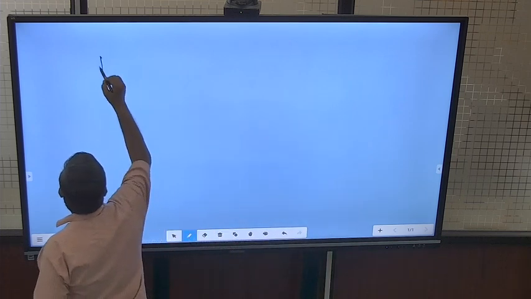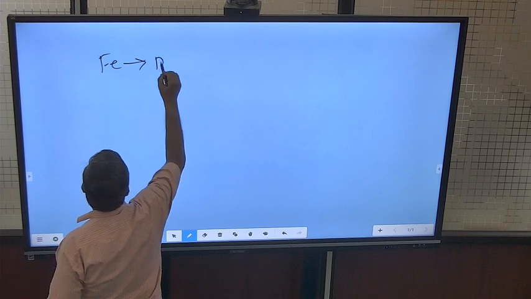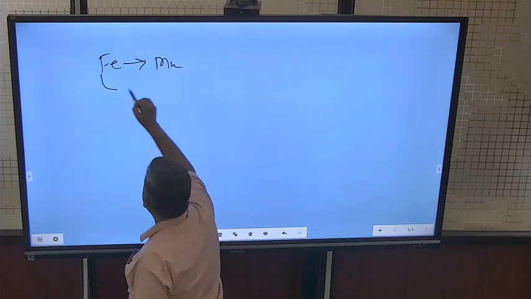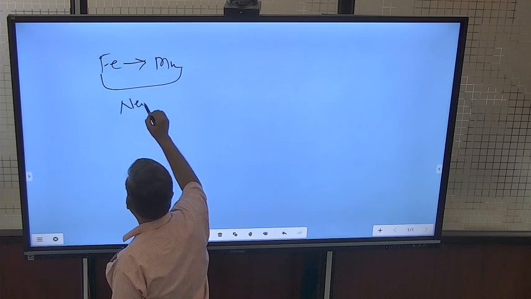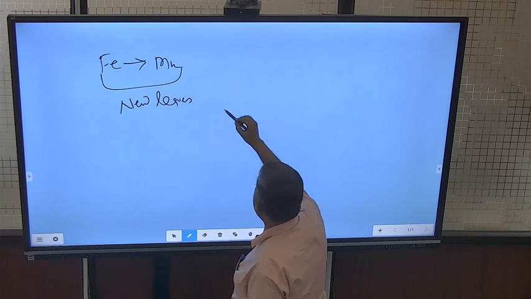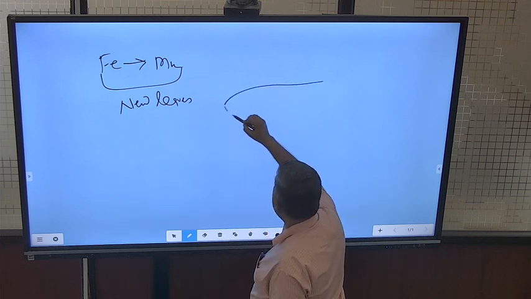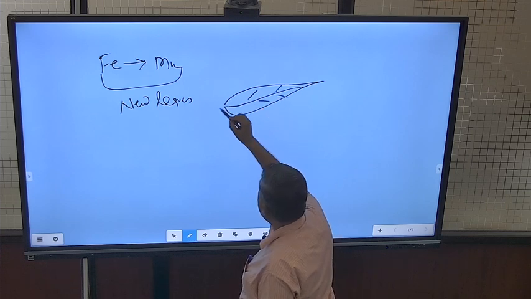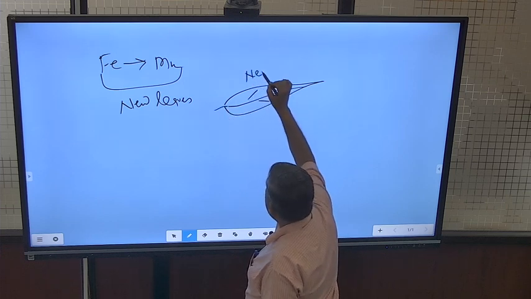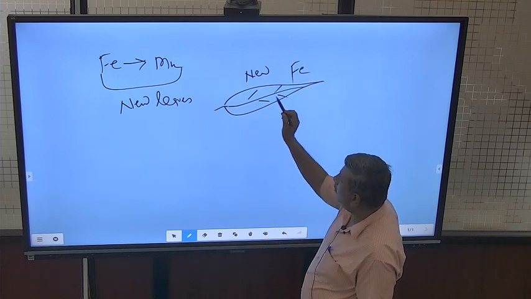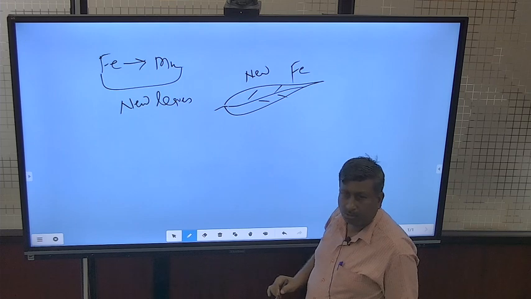Then iron and manganese deficiency symptoms. Both occur on new leaves. This is the common point, but the difference is that in iron deficiency, the whole leaf loses chlorophyll.